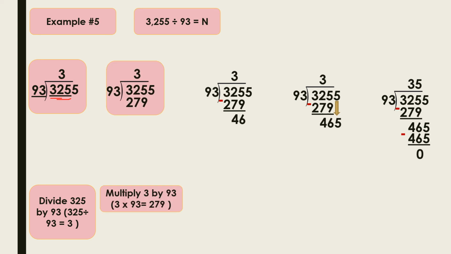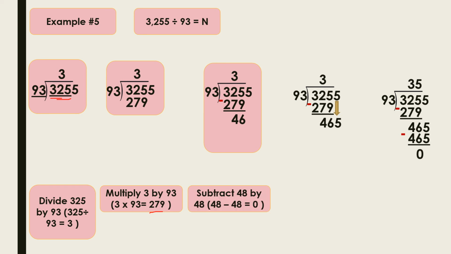So 3 times 93 is 279. After you multiply, you proceed to the next step, which is subtract. Oh, sorry for this, that is a typical error. You need to subtract 279 from 325. Okay?